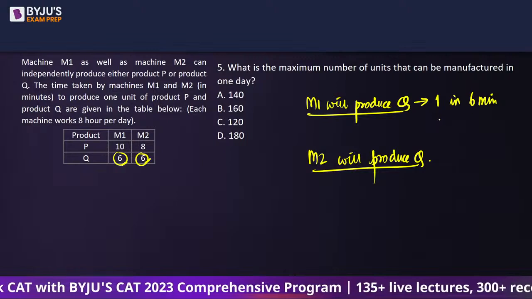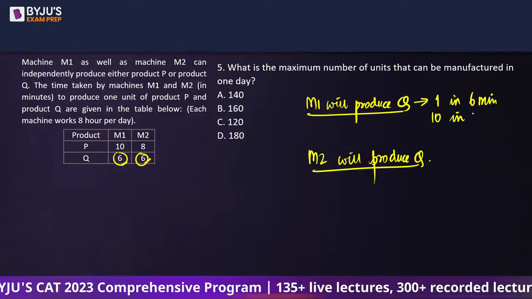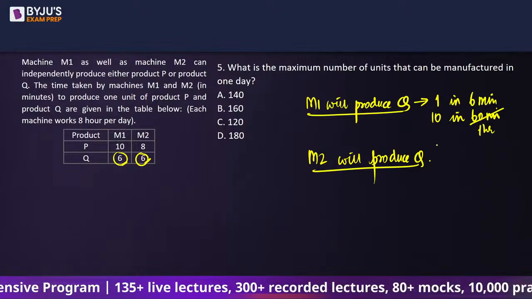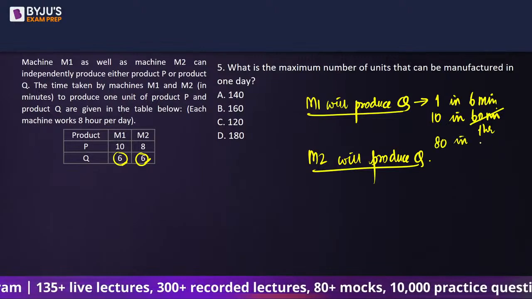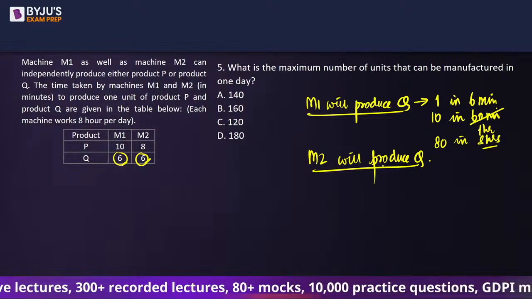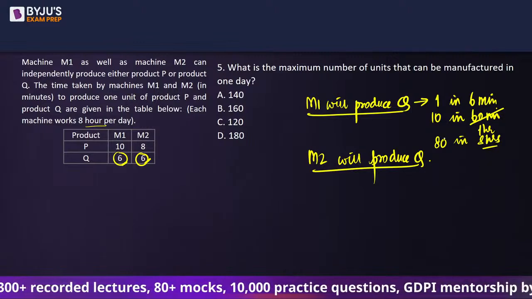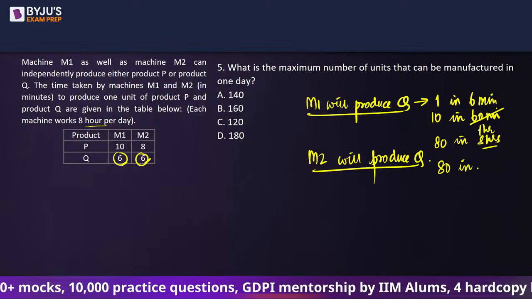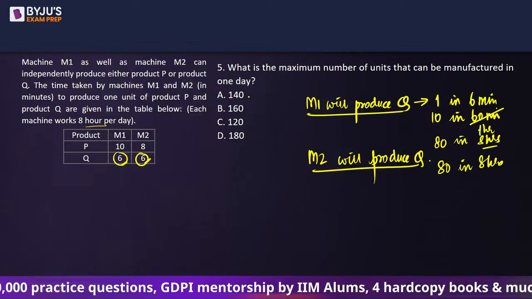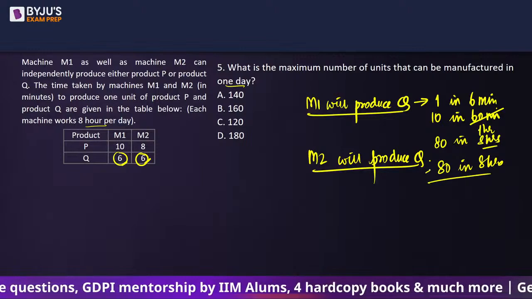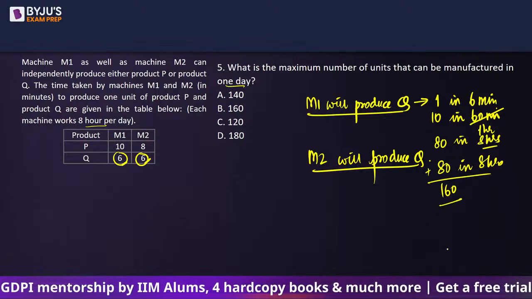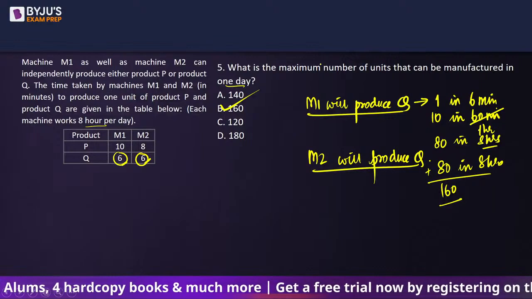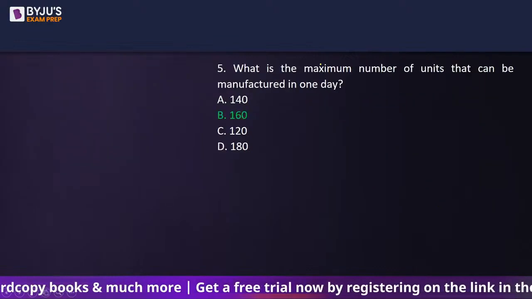So that would mean 10 units in 60 minutes. 60 minutes is nothing but 1 hour. So it will produce 80 in 8 hours because 8 hours is what they work every day. So M2 के लिए things doesn't change. So it also produces 80 in 8 hours. So in one day, they will together produce a total of 160 maximum units. We can't go beyond that. So the answer is supposed to be B.